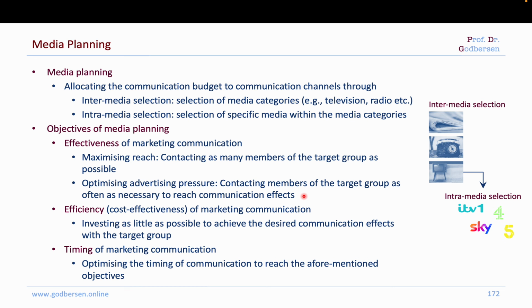Therefore, we would like, with the optimum advertising pressure, to contact our target group as often as necessary to reach our communication effects. On the other hand, we have efficiency, cost effectiveness. Of course, we want to make a profit. That means the cost should not rise through the roof. We want to invest as little as possible to achieve our desired communication effects.